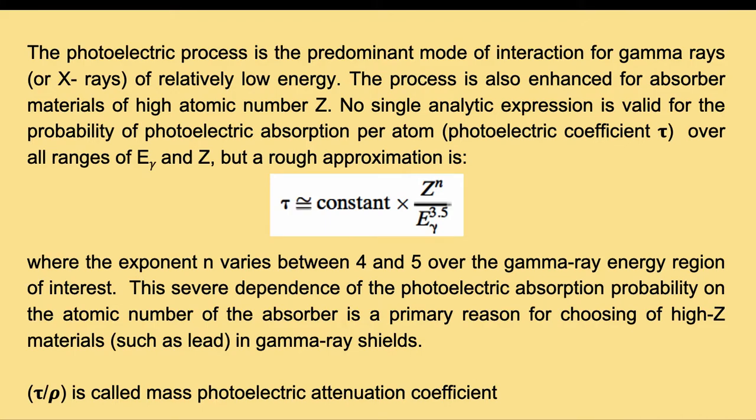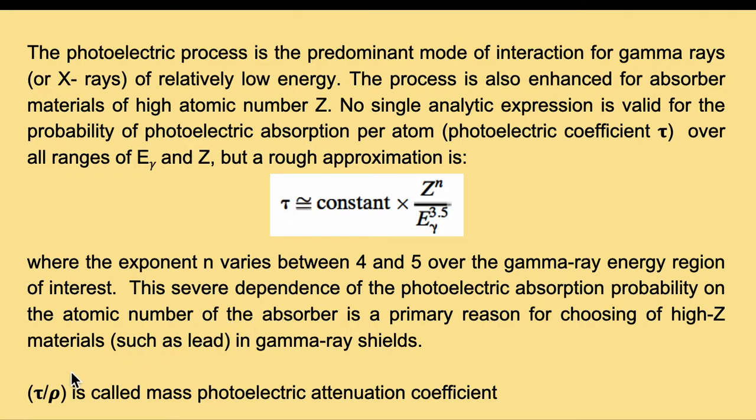That is why we mention the term severe dependence. It is a primary reason for choosing high Z materials such as lead in gamma ray shields. Lead has a high atomic number, so you will always be using high atomic number materials as gamma ray absorbers.